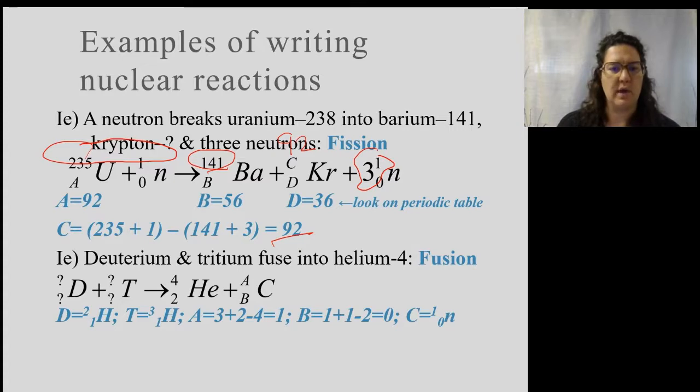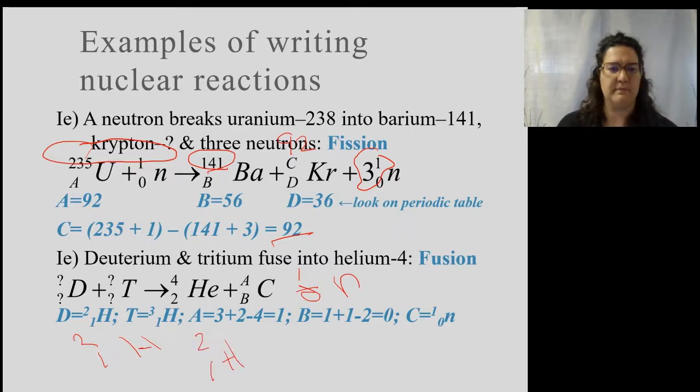So we have helium and a neutron, 1, 0 n, which are going to be A, B, and C because that's what's produced in a fusion reaction. And then to make helium, D and T are both going to be hydrogen ions.